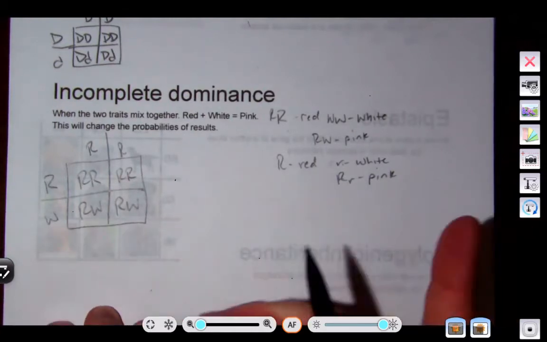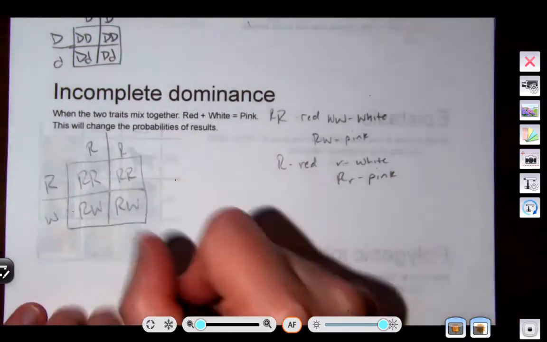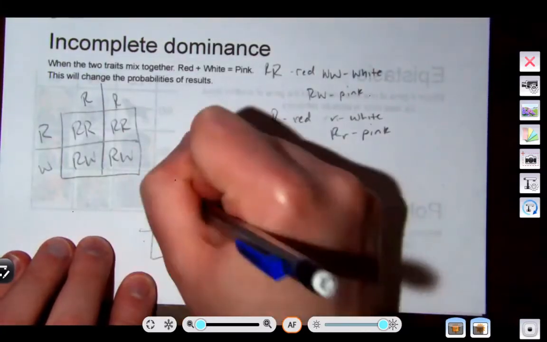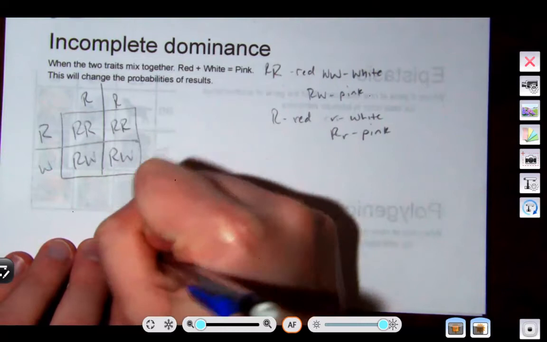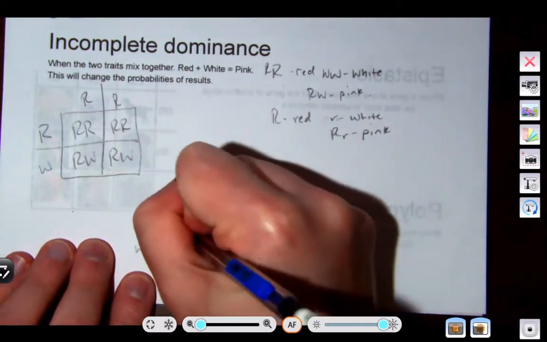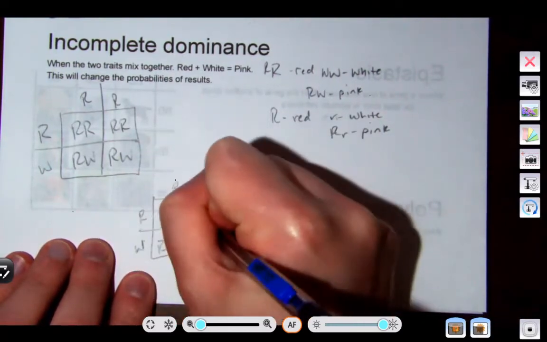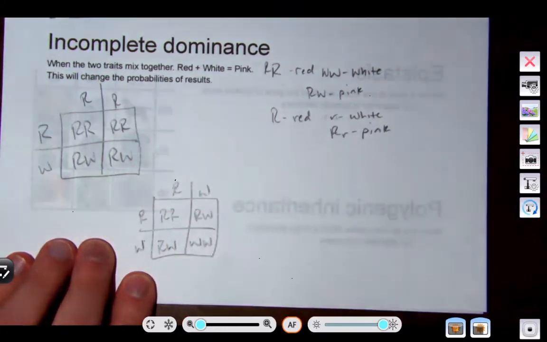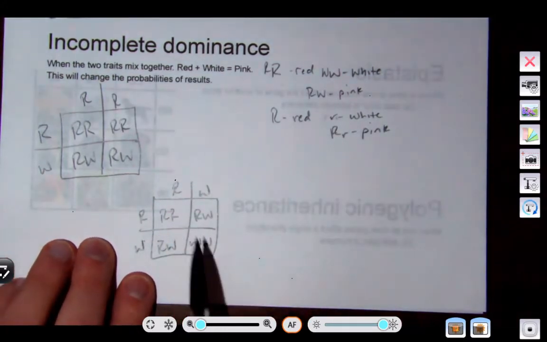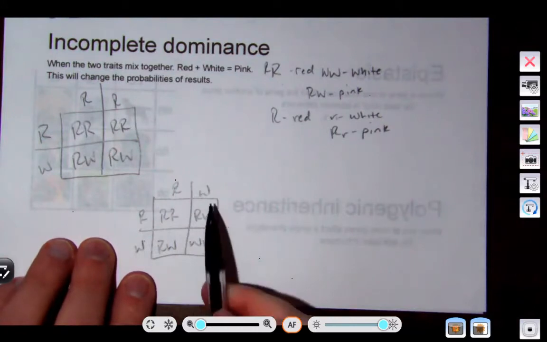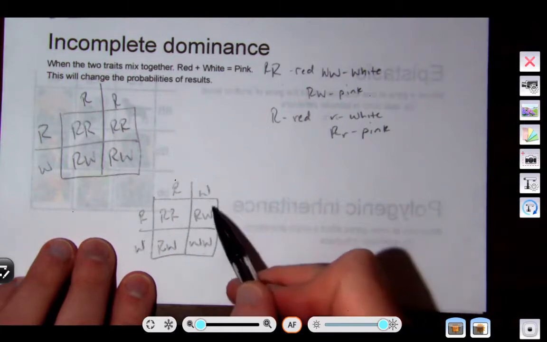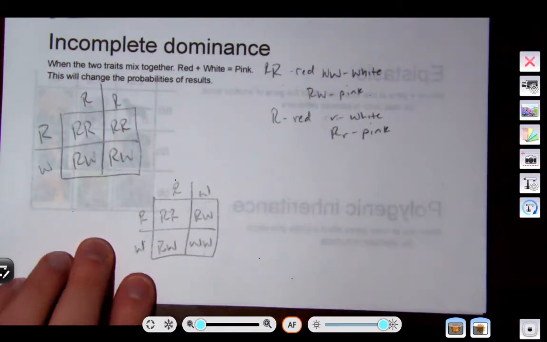The only exception being if you have two pinks, you end up with 25% red, 25% white, and then 50% pink. So understand that the percentages change a little bit with incomplete dominance.